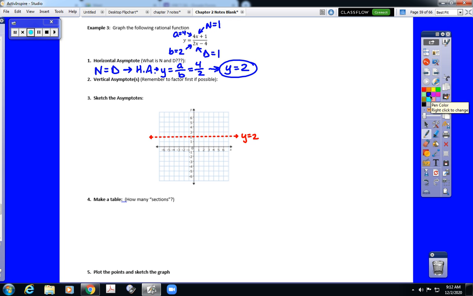Vertical asymptotes, we simply need to look at the denominator and realize that it factors. We can take the GCF out of it. We're simply asking ourselves, where does the denominator equal 0? Well, we can take a 2 out of that, which would give us 2 times (x minus 2), which means that we have one vertical asymptote when x minus 2 equals 0, or at x equals 2.